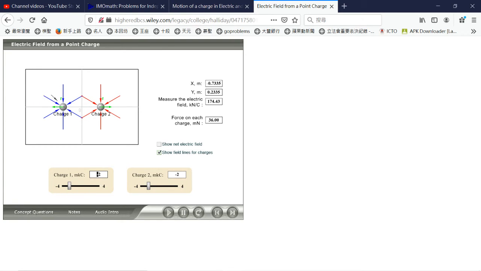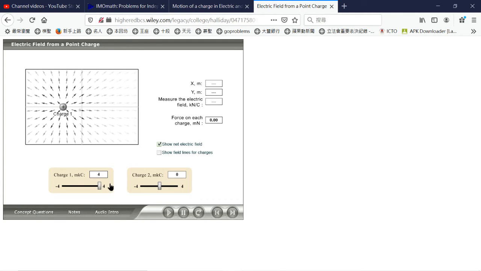If both are negative, they will repel each other. So we can deselect the E field line and show the E field. So this is the E field line.